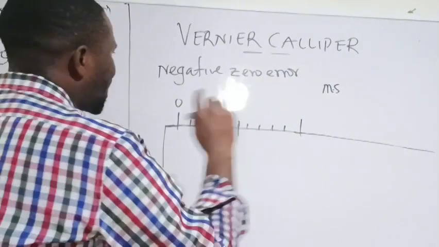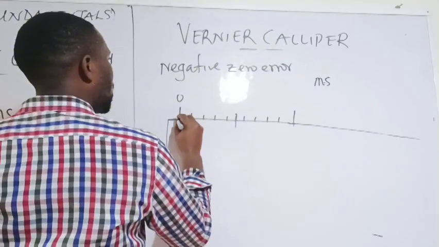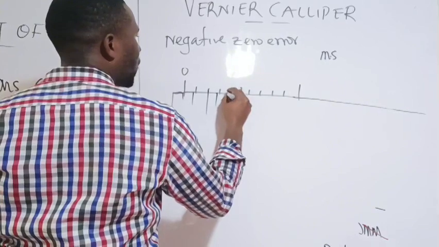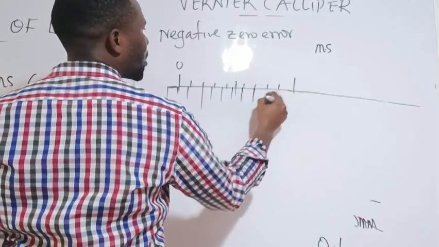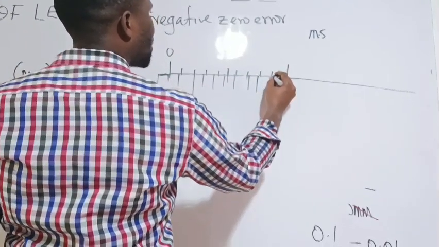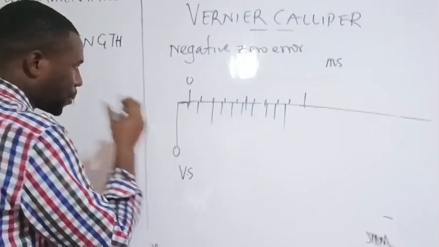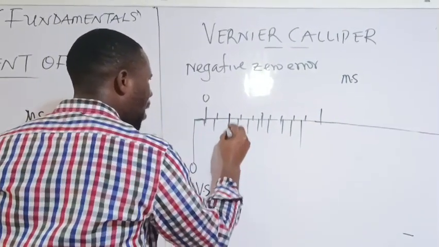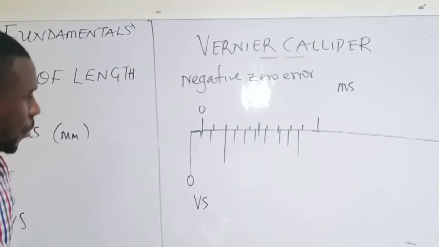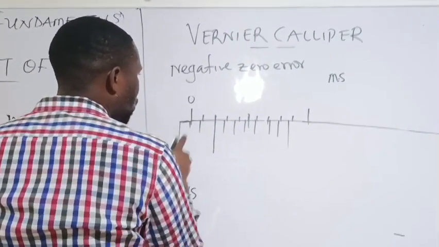Alright, so let's assume that, okay, let me stick in some markings now. This is 1, 2, 3, 4, 5, 6, 7, 8, 9, right? And this is 10. So can you see that the third mark on the vernier scale, this mark here, this is 0, 1, 2, 3.